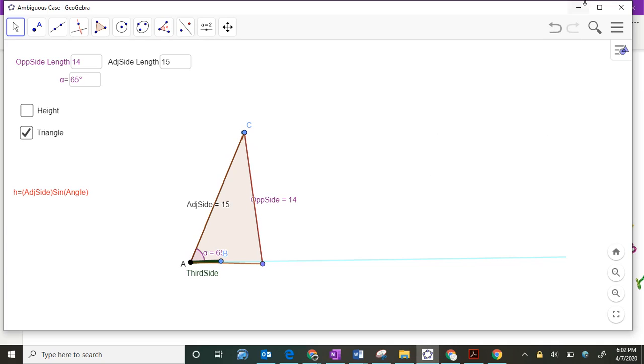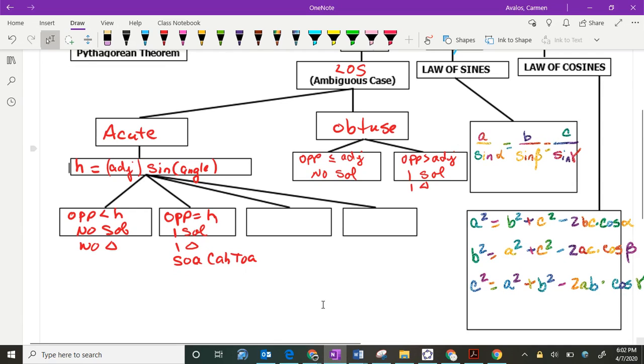Okay, hit escape to that. Let's go back and fill that in. So now what happens if the opposite side is bigger? That means that the height is smaller than the opposite side, but the opposite side is still not as big as the adjacent side. So the height is smaller, and then the opposite side is in between the adjacent and the height.